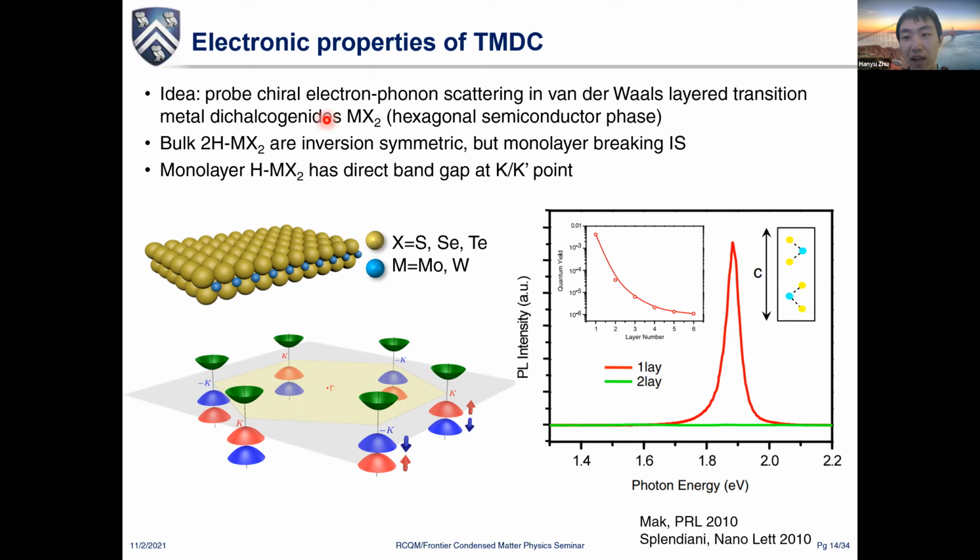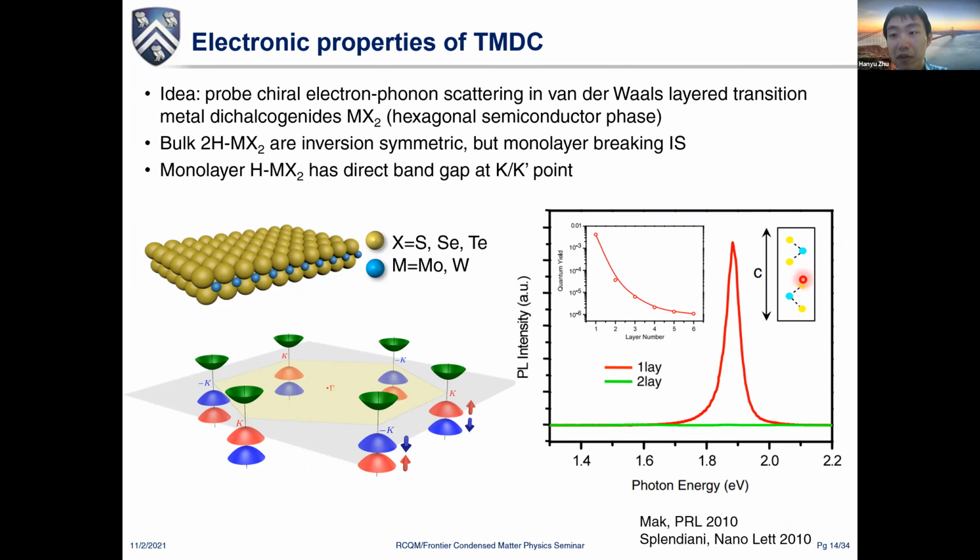And it also happens that this particular family of transition metal dichalcogenides has some special properties that help to identify chiral phonons by optical means. The monolayer breaks inversion symmetry because they are hexagonal and they have AB sublattices. When they're stacked with each other, their AB sublattices basically reverse in alternating layers.